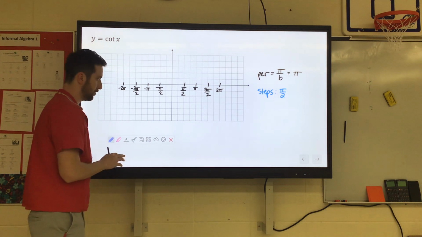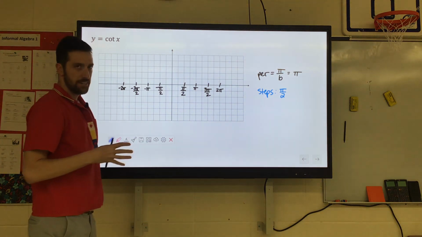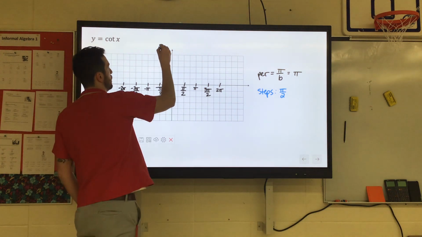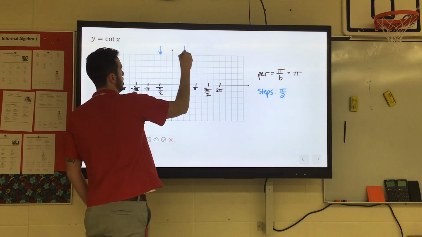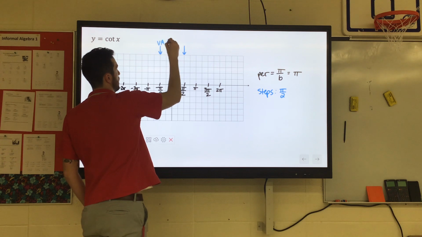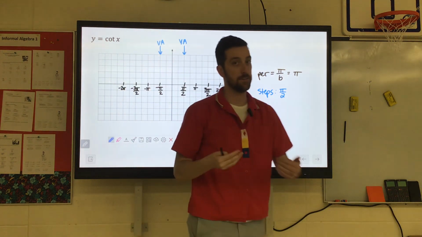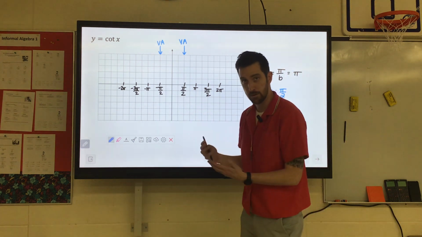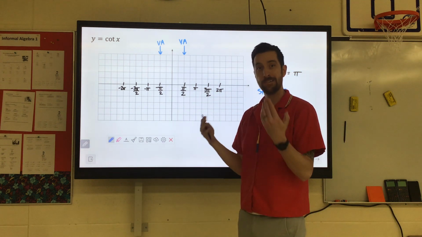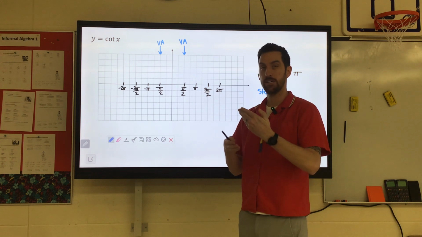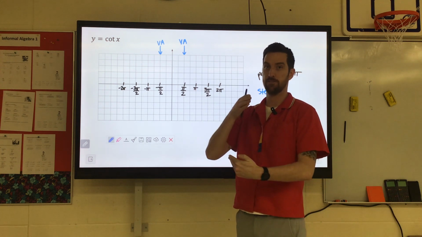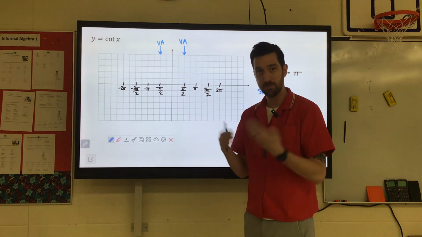All right, so here's the difference. With tangent, we always had vertical asymptotes at our first markings to the left and right, because that's where we would be dividing by 0 on the unit circle. However, we are now using the reciprocal function. So now the 0 would be on top, which is fine.